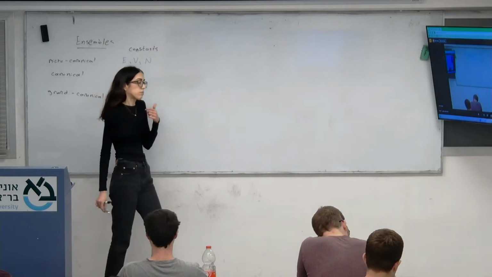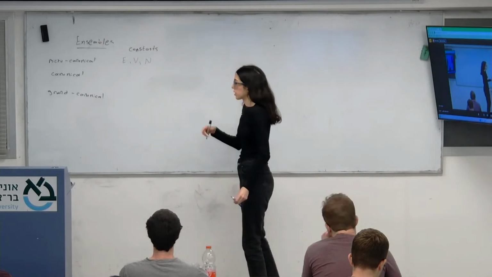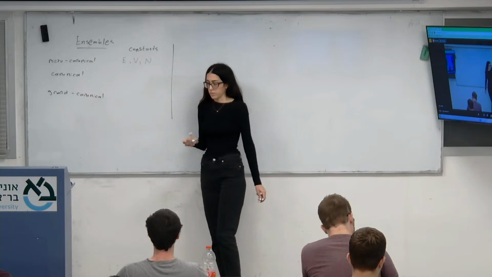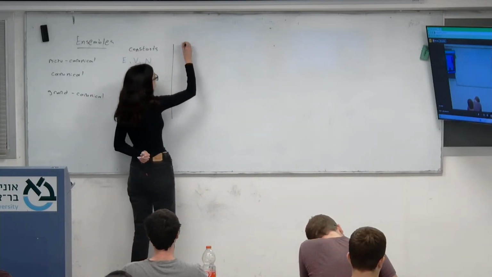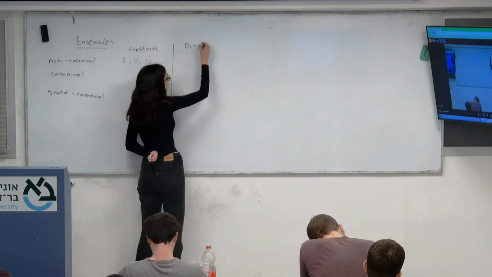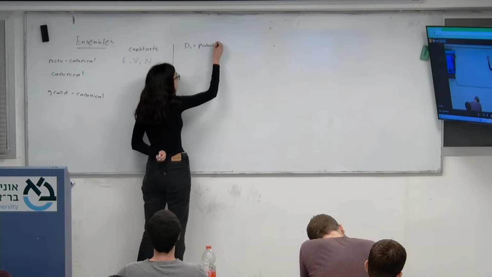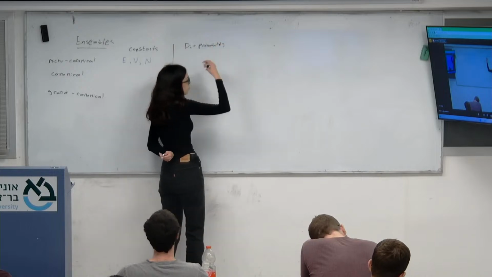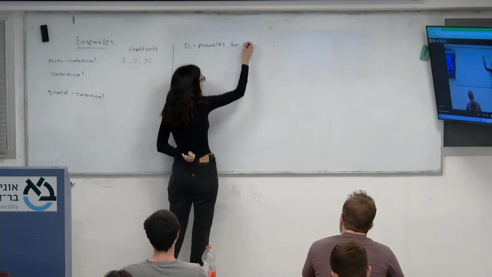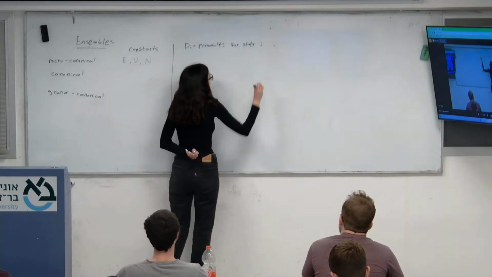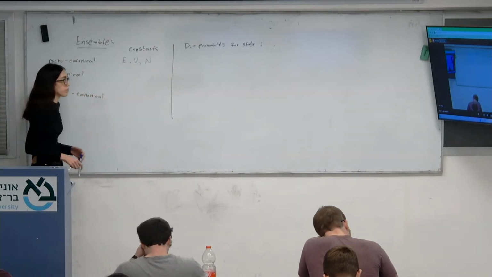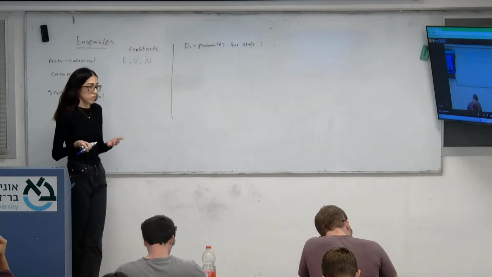Because the system is closed, there's no place the particles can come from, so this is a constant. The second quantity that we are looking at is the probability. So we have some, let's call it Pi. This is the probability to be in some state I. So, in the case of the microcanonical ensemble, we have constant energy.